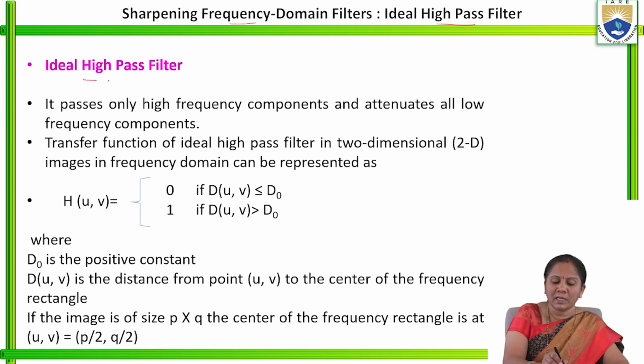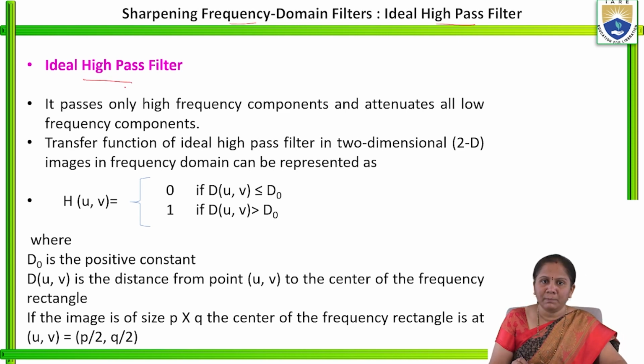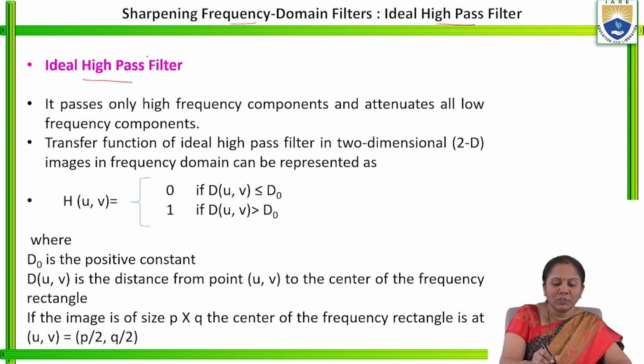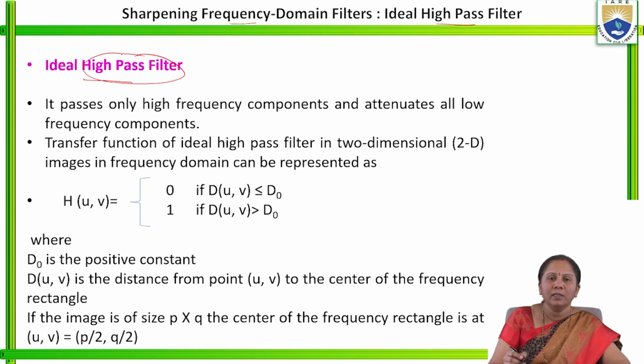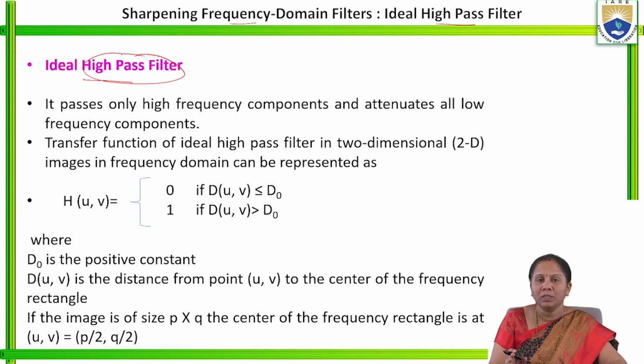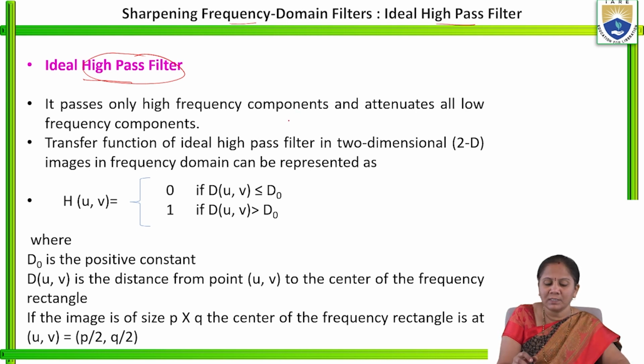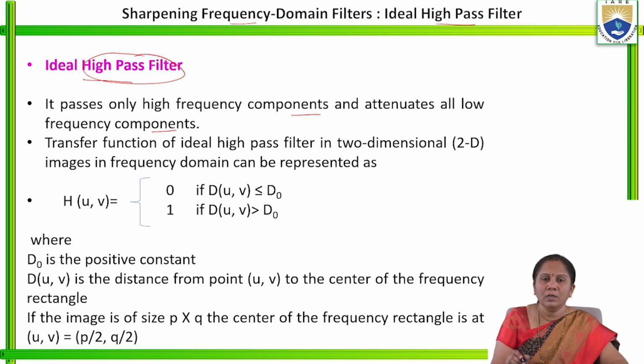In that, the first type is the ideal high pass filter. The function of this filter is that it allows all the high frequencies and blocks all the low frequencies. So it passes only high frequency components and attenuates all low frequency components.